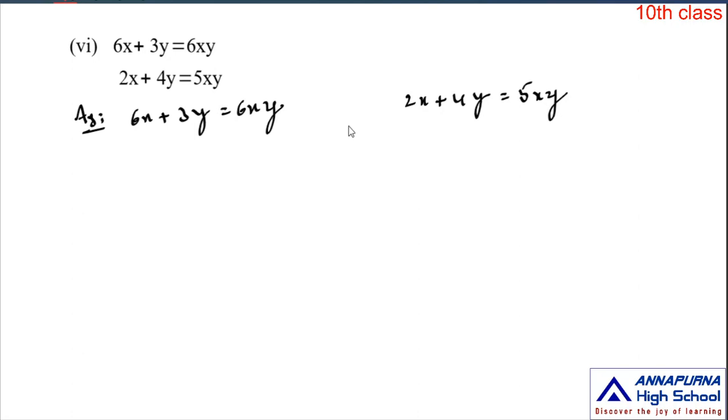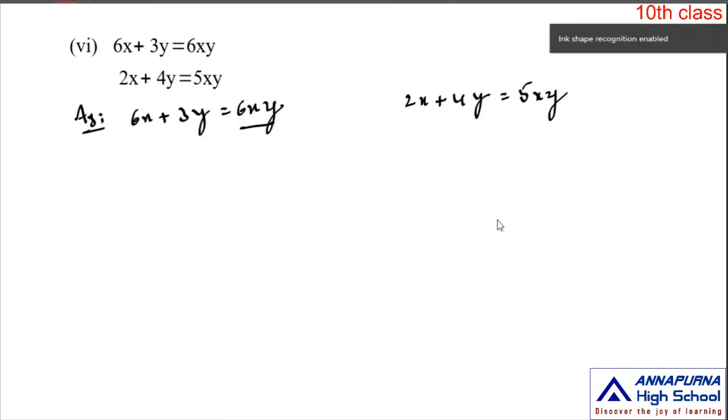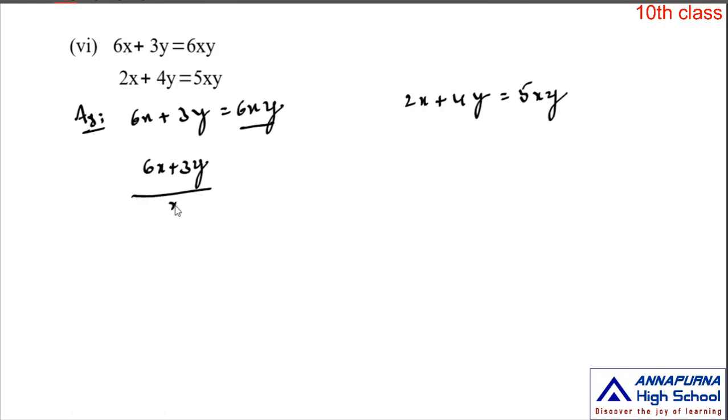Okay, so to change them, first we transpose this xy to left side. So 6x plus 3y is equal to 6 into xy, 6 is multiplied by xy.